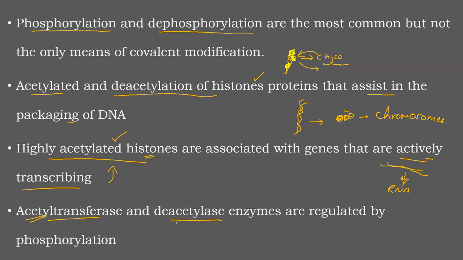Likewise, deacetylase enzymes are required to remove the acetyl groups from the histones. They are also regulated by phosphorylation. That means in phosphorylation and dephosphorylation only, these acetyl transferases and deacetylases are also examples.